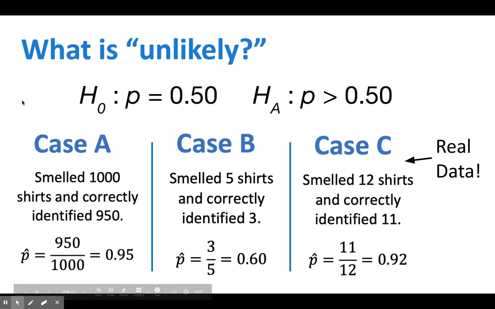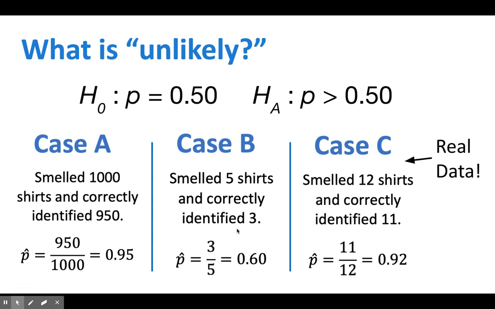So for this, it kind of comes down to which one is more unlikely than the other. And remember, when we're trying to determine if something is unlikely to happen, we compare it to the null. So, as far as case B goes, say she smelled 5 shirts and only got 3 right. 0.6, that's not that far off from 0.5.